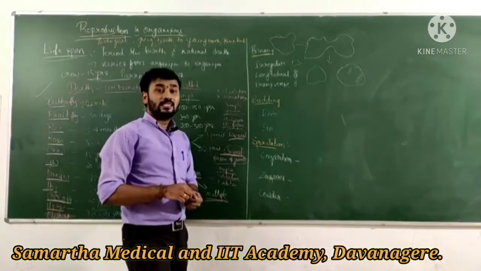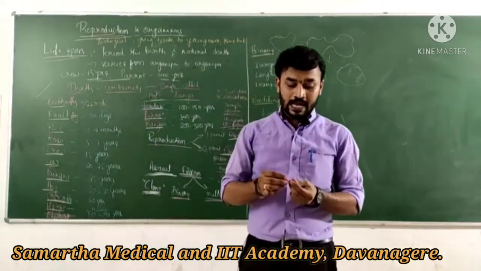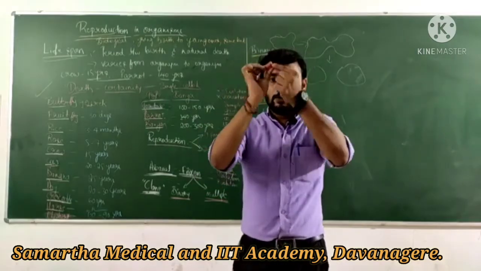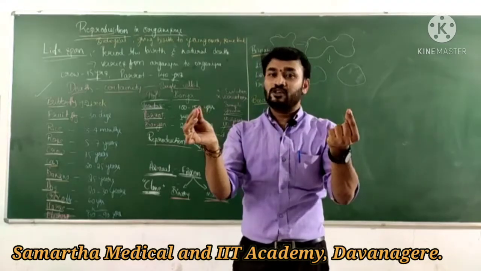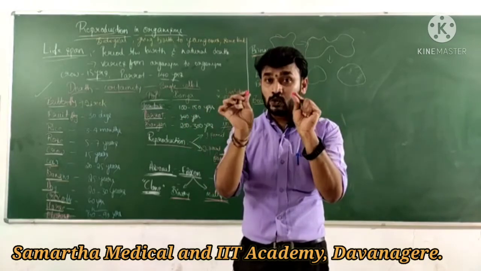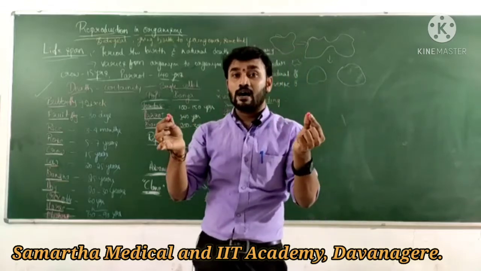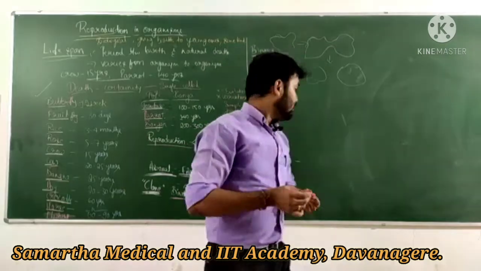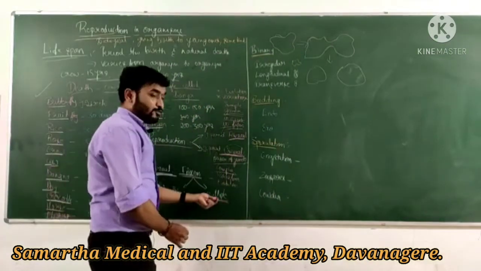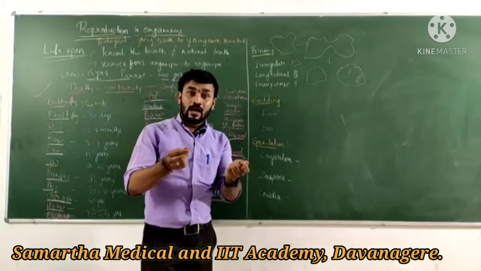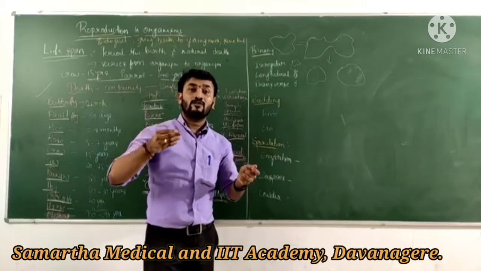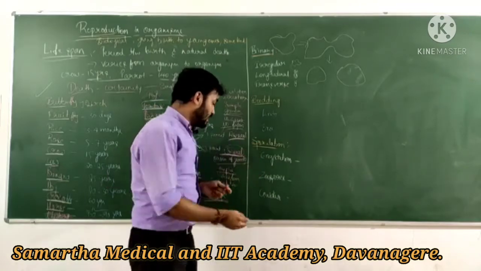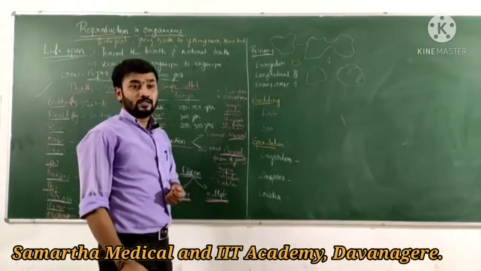So as I said, if one individual parent divides, then this is fission. If it divides into only two units and these units are capable of individual living, then it is called binary fission. If these units are many, and those many units which are the result of fission are capable of individual living, then it is called multiple fission.